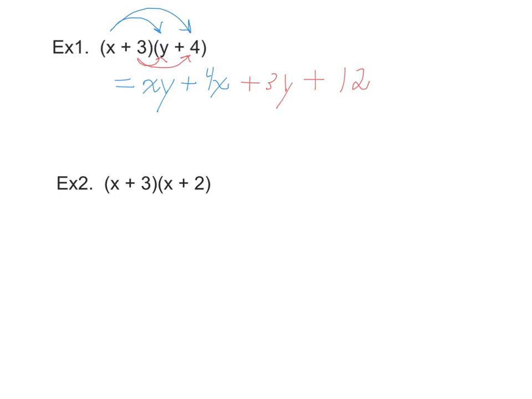The next one will work the same way. I'm going to distribute this first x to both parts. X to the first times x to the first is x squared. X times 2 is 2x.